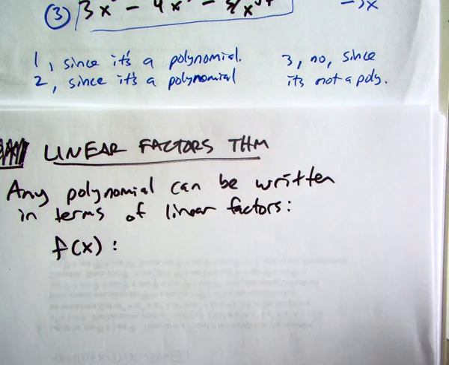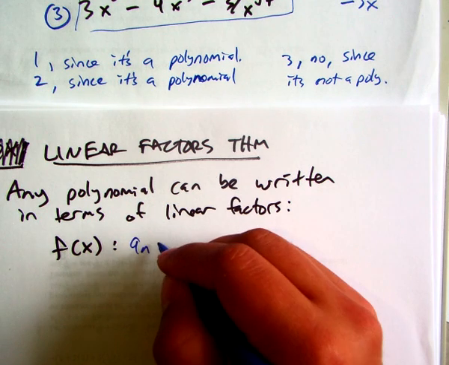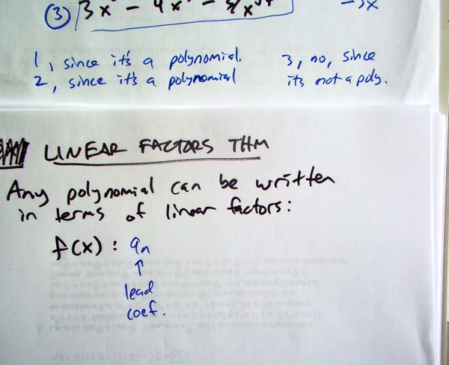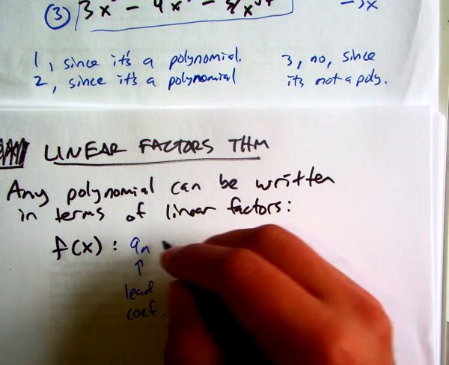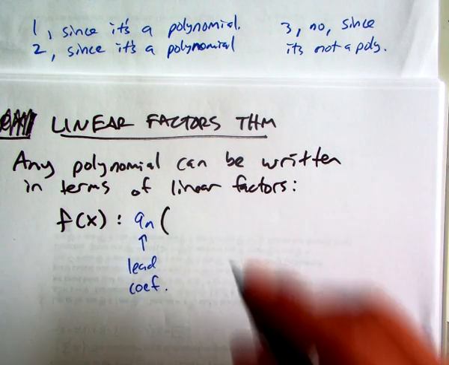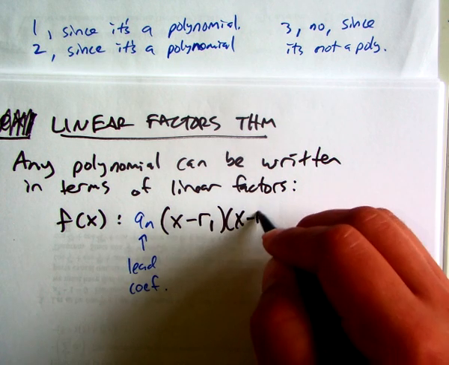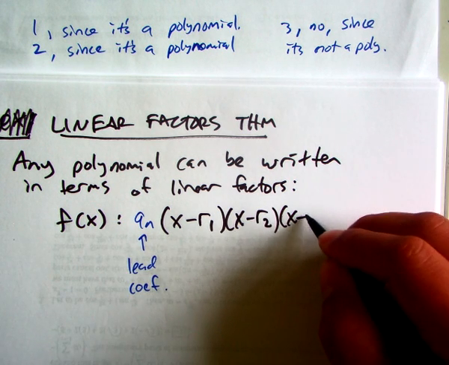You'll have a lead coefficient and then you simply just write x minus a root times x minus another root times x minus another root, and so on.